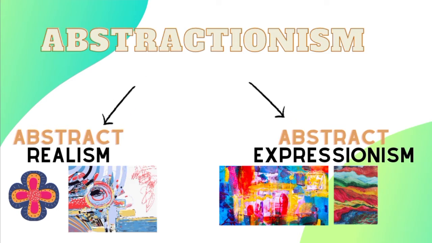So, ibig sabihin, meron siyang representation, but abstract pa rin yung bumubuo sa kanya. Okay, anong klaseng abstract? Those are the cell-like creature. Tama ba? Cell-like or shape na parang cell-like. Then the other one, parang nasa bangin, sa cliff. Okay, so representing this part as your ocean. So that is abstract realism.